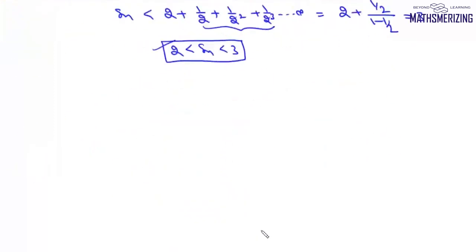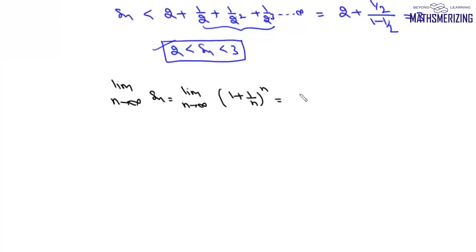We can write this limit as the limit n tends to infinity of S_n, and it will be this limit n tends to infinity of (1 plus 1 by n) to the power n.